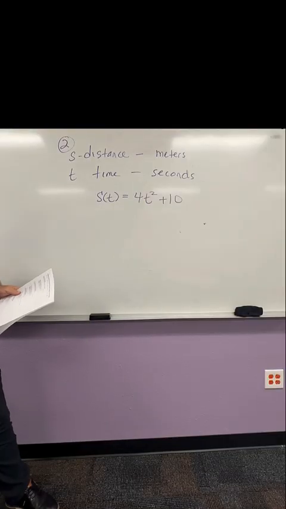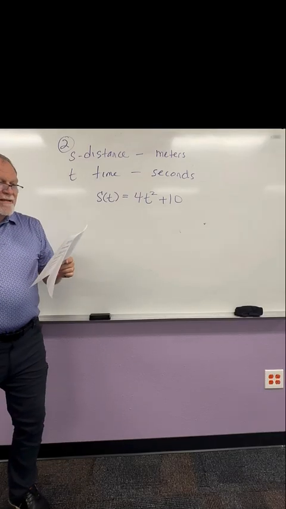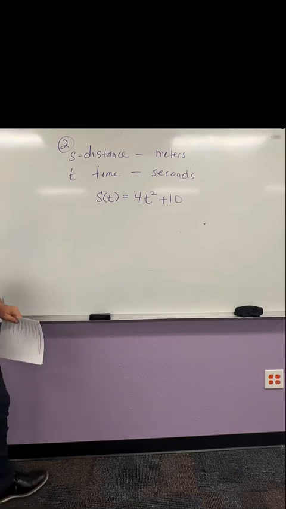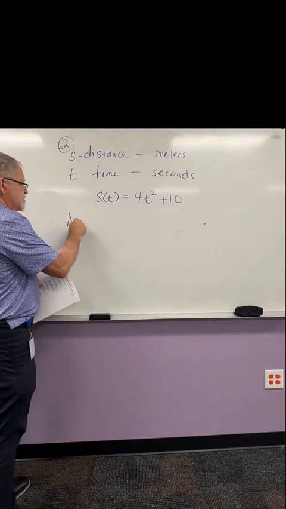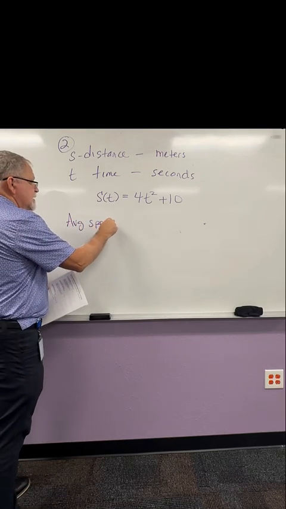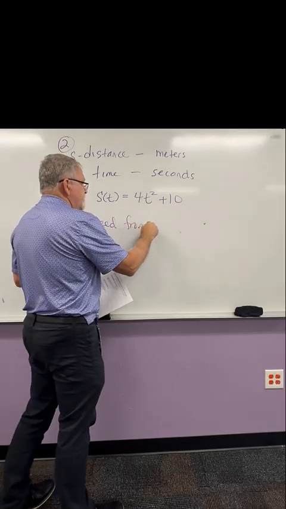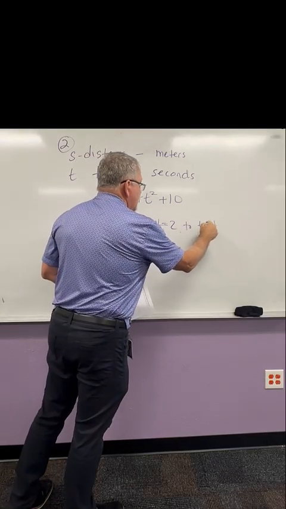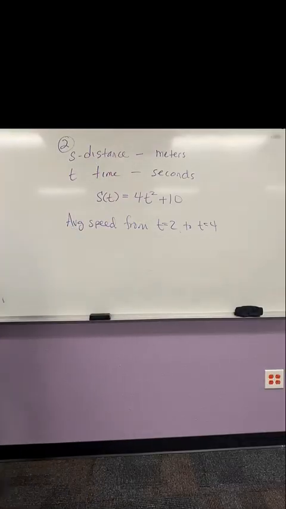The first thing we're asked to do is find the average speed from t equal 2 to t equal 4. So how do we do that? Luke, I think you have some ideas. You plug in 2 and 4. Okay.